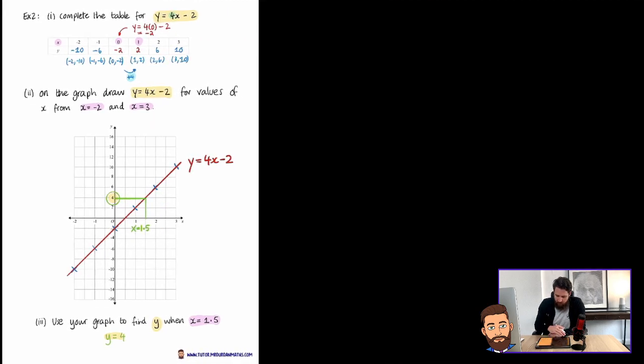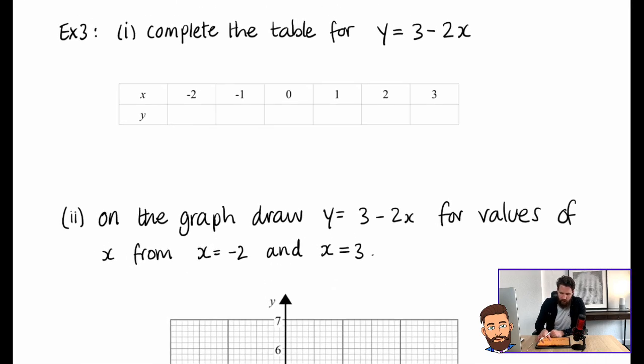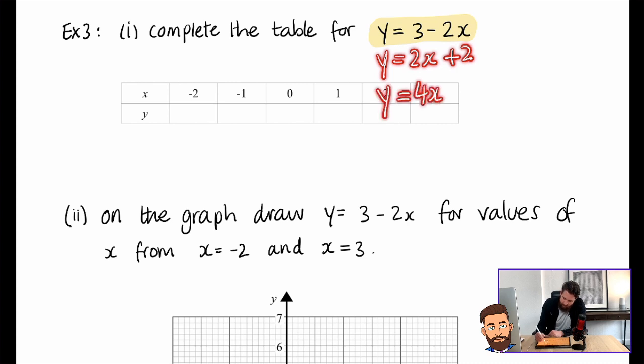Okay, so this takes us on to our last example, where I've asked us to complete the table for y equals 3 minus 2x. Immediately, this is different. If we look at our previous equations, we had y equals 2x plus 2, and we had y equals 4x minus 2.